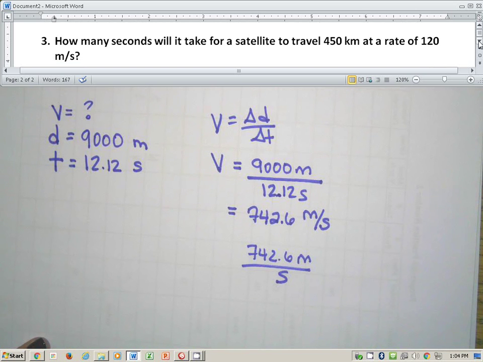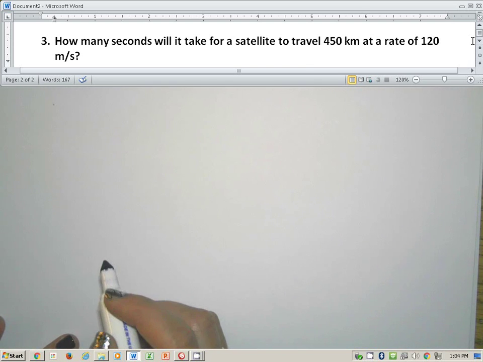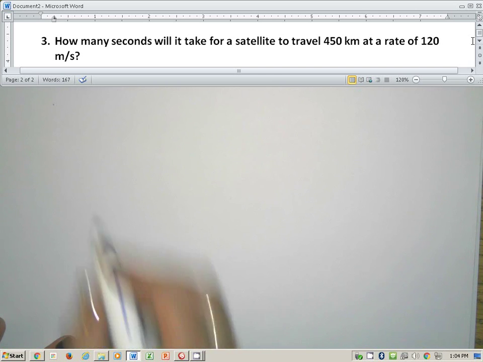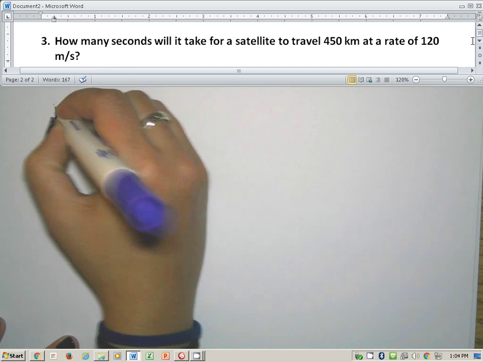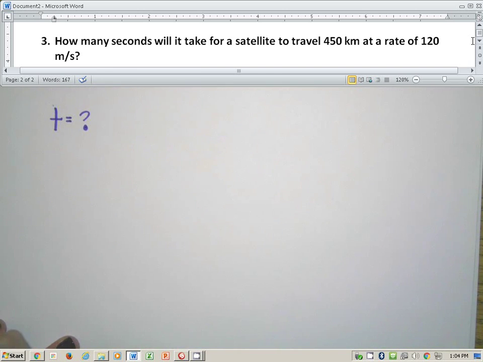I have one that gets a little bit more complicated for folks because no longer are we solving for V. This one says, how many seconds will it take for a satellite to travel 450 kilometers at a rate of 120 meters per second? Well, how many seconds is T? It's asking me how many seconds, so that's what I want.